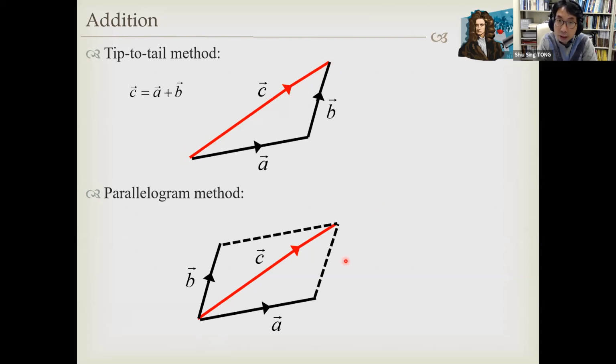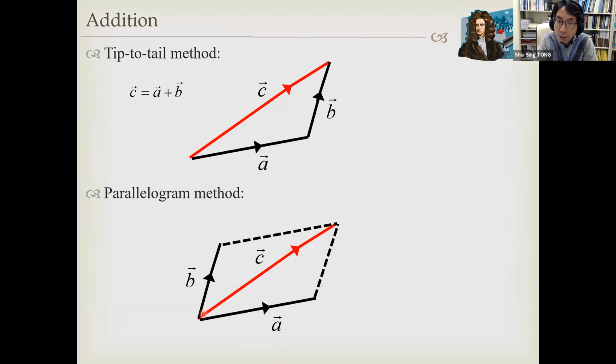Or equivalently, we can describe this addition method by using the parallelogram. For the parallelogram method, we first draw the tails of the two vectors together, and we draw two lines parallel to the two vectors, such that the vectors together with these two dashed lines form a parallelogram.